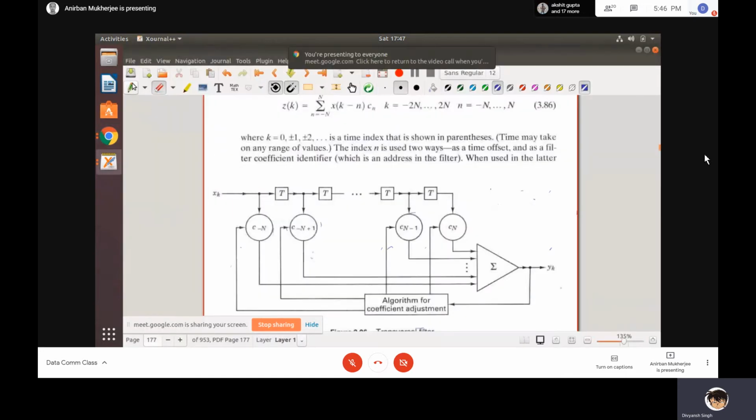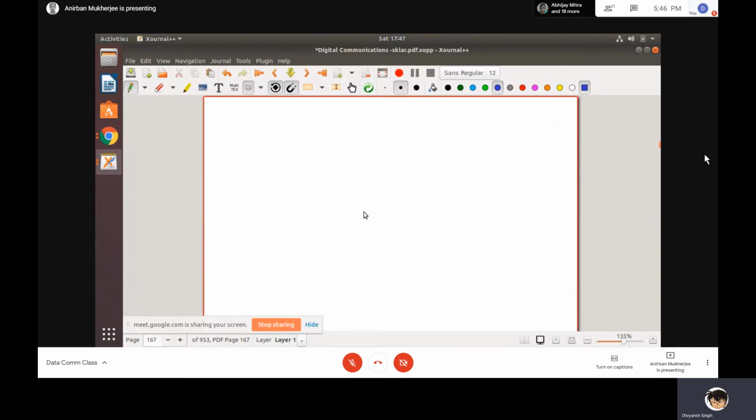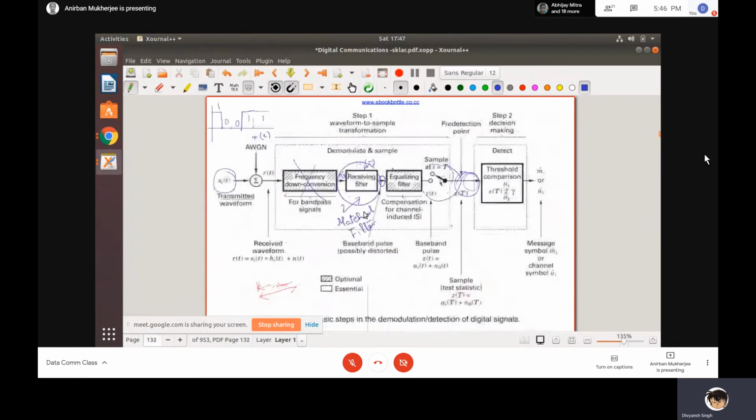that. This transversal filter is basically the equalizer, the transversal structure, in which you are implementing. And what is my xk? The filter input. This is my xk, and this one is basically a transversal filter.